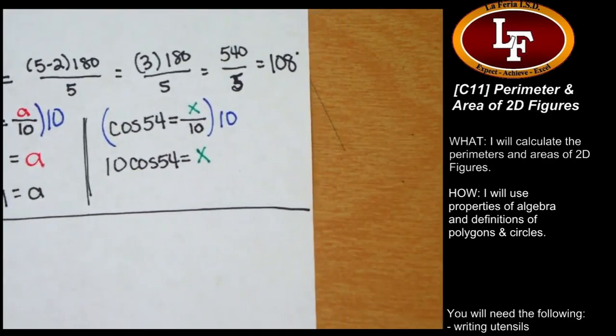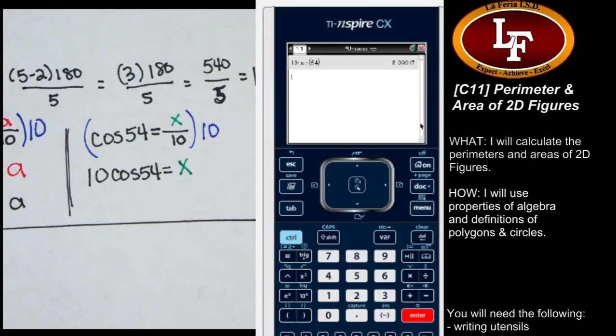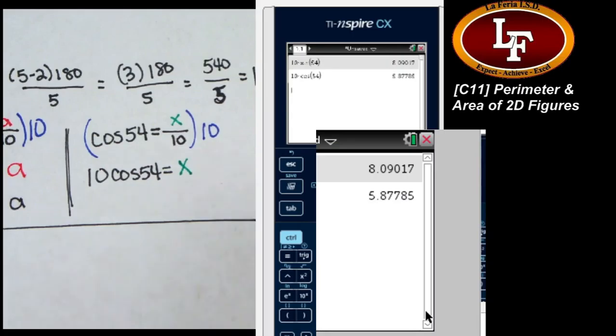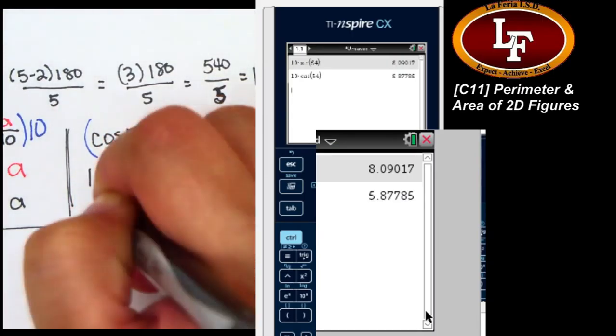So again, going to pull my calculator back and let's calculate it. 10 times the cosine of 54 equals, zoom in on that answer, and I'm showing that that side measurement is 5.8779.